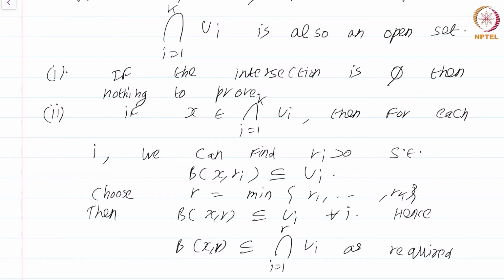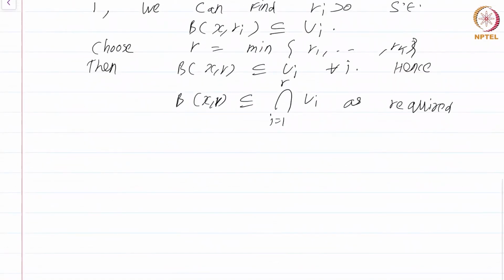Okay, so the next question is, what about similar things for closed sets? Is the union of closed sets closed? Is the infinite intersection of closed sets closed? But before that, let's tie up the relationship between closed sets and open sets neatly in the next proposition.